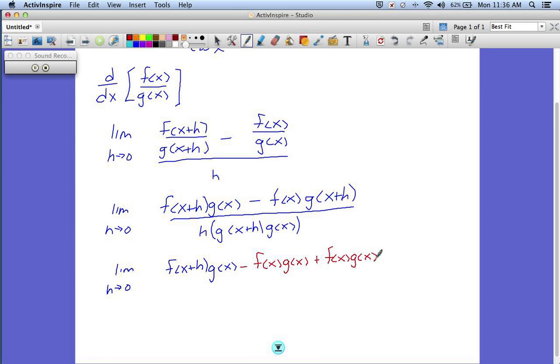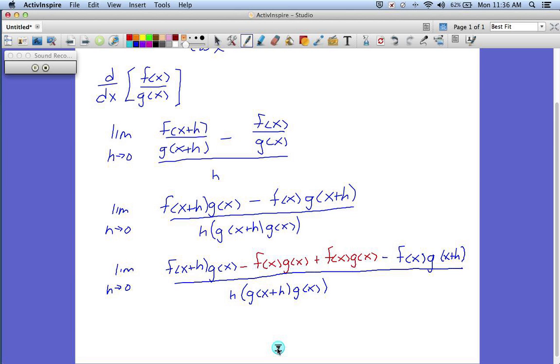And as you can hopefully see, that is nothing more than a fancy form of 0 that we mixed in there. So as we finish writing this out, we got that big, long, drawn-out denominator, h times g of x plus h times g of x.